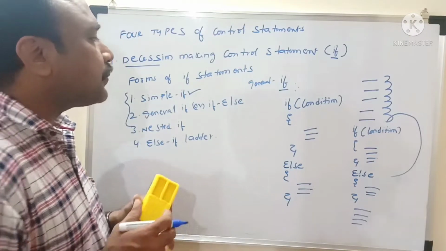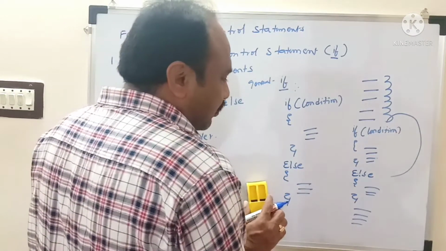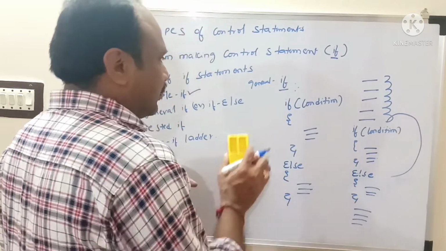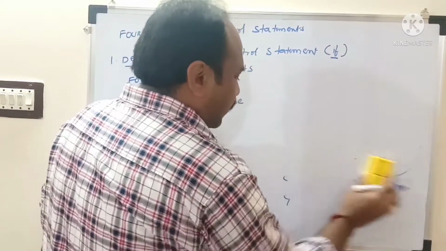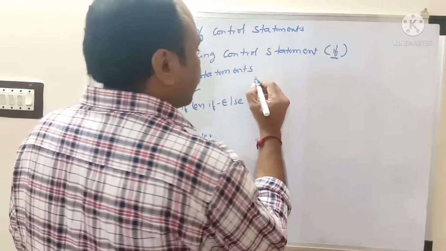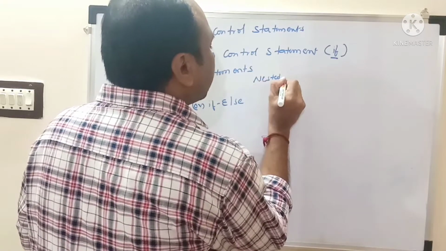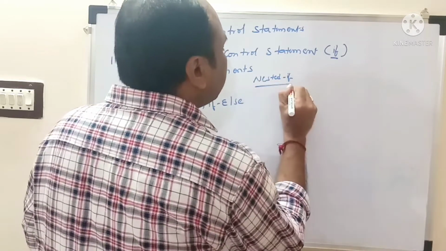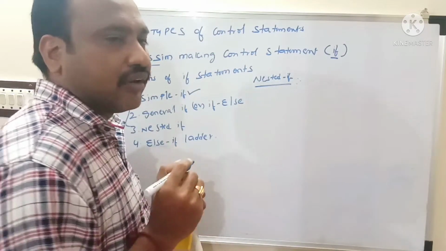What is the third one? Nested if. It is somewhat different. Already you know that in programming, nested means one included in another one.